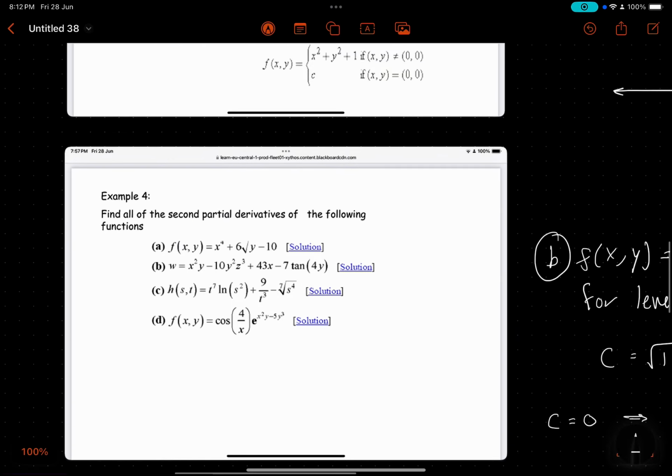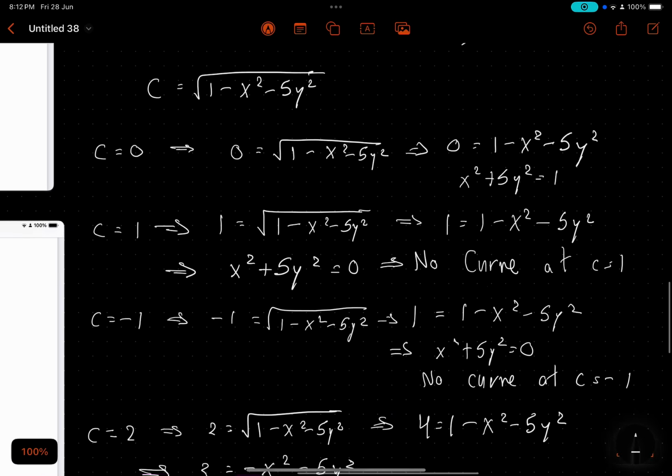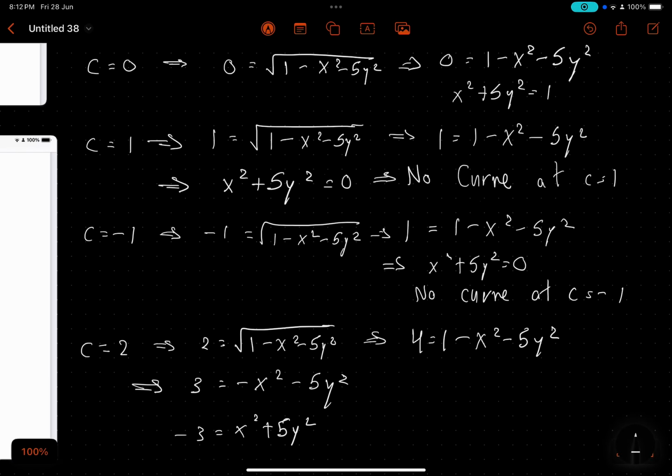Can we just check our function? Did we copy it right? Yes, we did copy it right. And apparently some values do not have an intersection or a curve at that specific value.